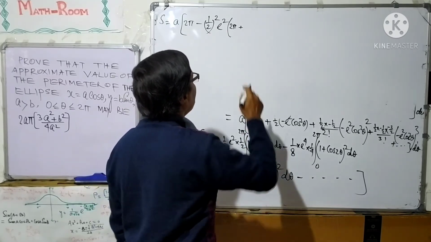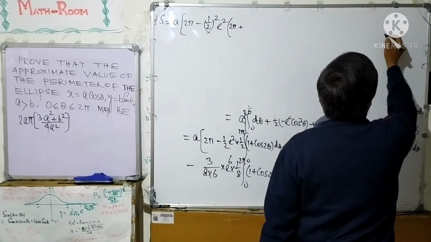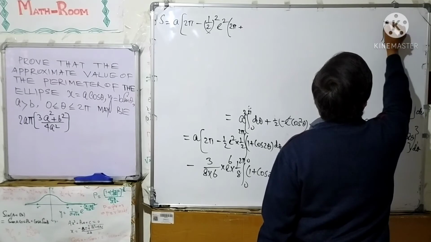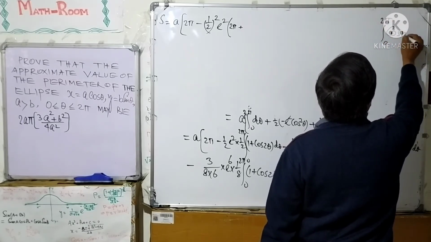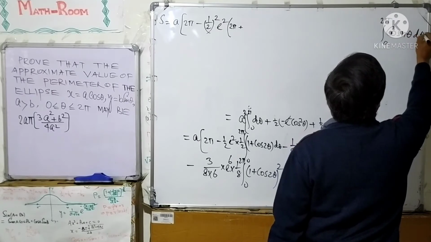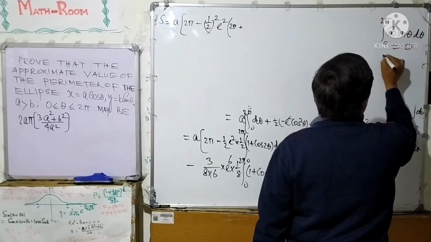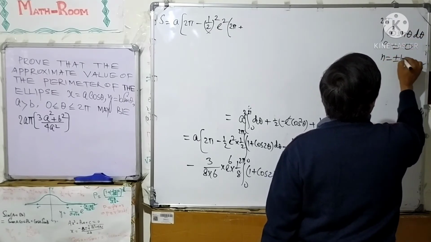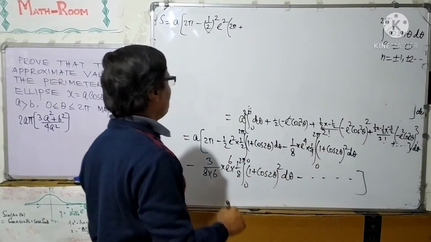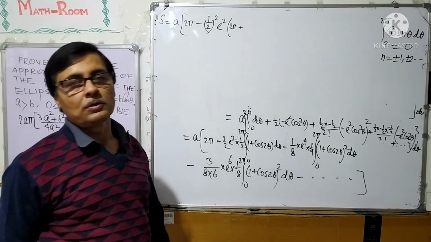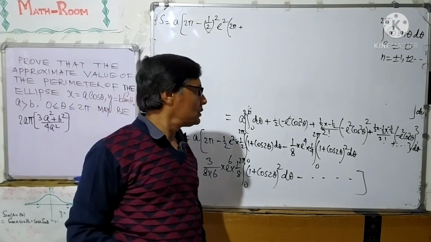0 to 2 pi, here we have the formula 0 to 2 pi cos n theta d theta equal to 0, n equal to plus minus 1, plus minus 2 and so on. This is the formula. So, 0 to 2 pi cos 2 theta d theta is also 0.